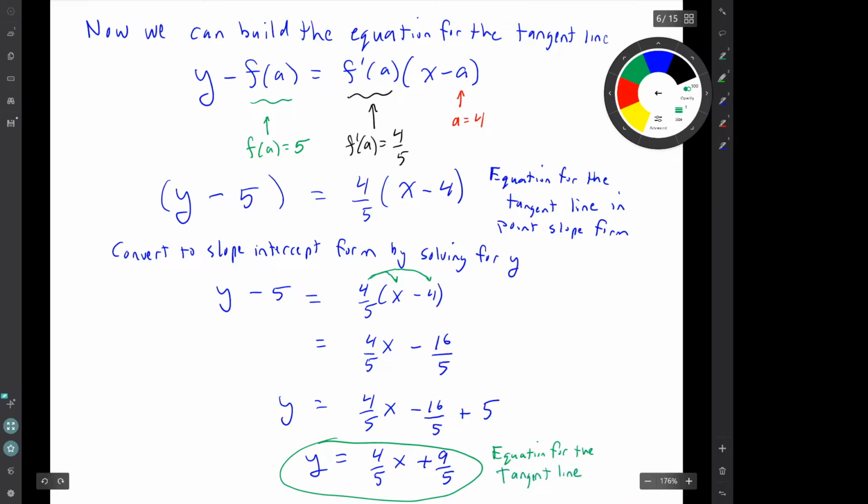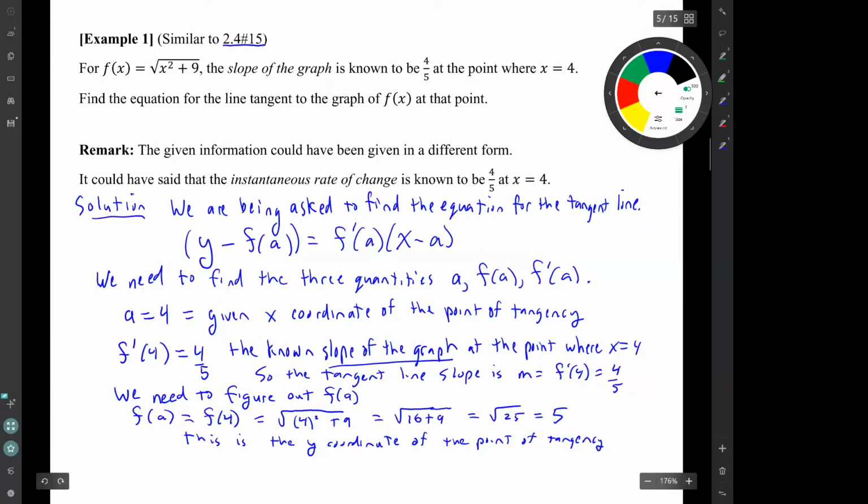Now before going on, I want to go back up and look at the problem statement again. In the problem statement, it was given that the slope is known to be 4/5 at the point where x equals 4. The given information could have been given in a different form.